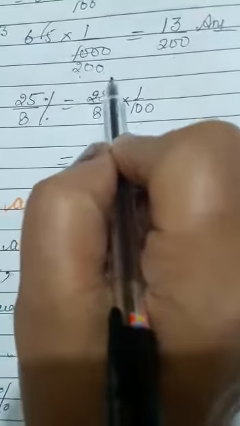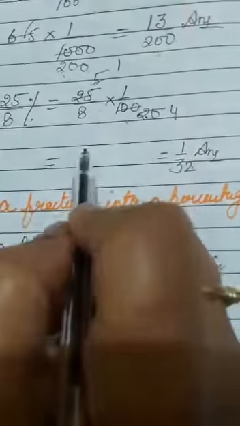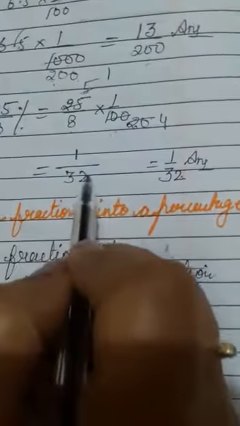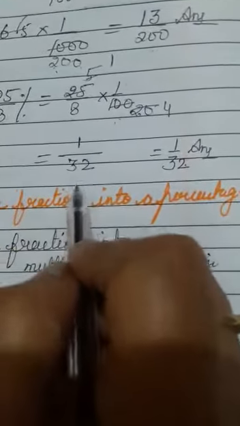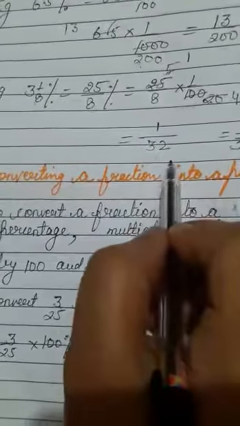Now you will do cancellation: 5 into 5 is 25, 5 into 20 is 100. So 1 in the numerator upon 8 into 4 is 32. So in fraction form it is coming 1 upon 32. So 3 whole number 1 upon 8 in percentage form will be 1 upon 32 in the fraction form.